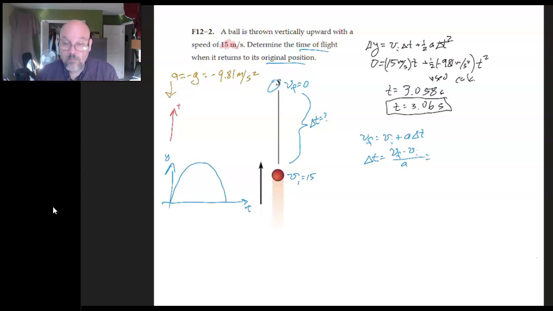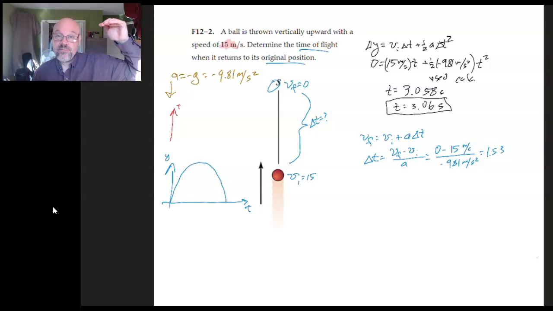Put in some numbers on this thing: v final is 0 minus 15 meters per second, our initial, over gravity, which is minus 9.81 meters per second squared. That's going to give you a number, like 1.53. And that's just half of our flight.